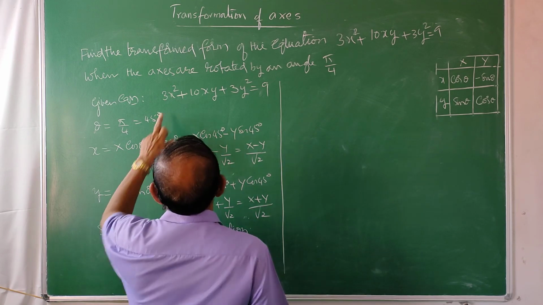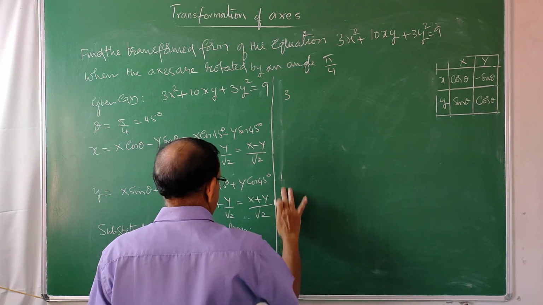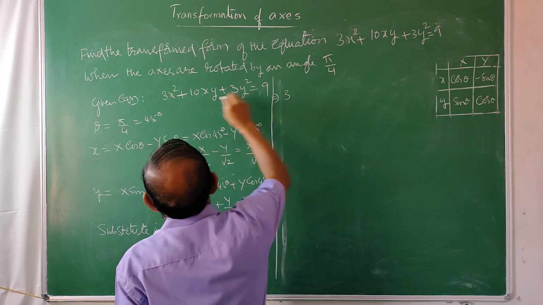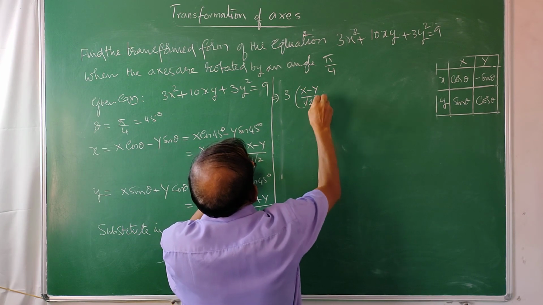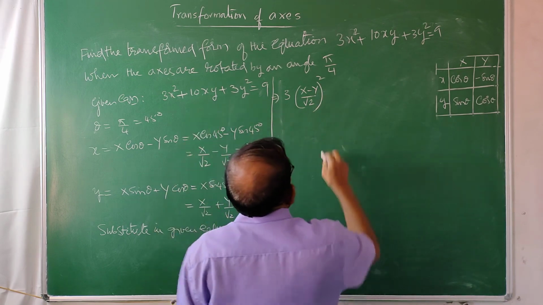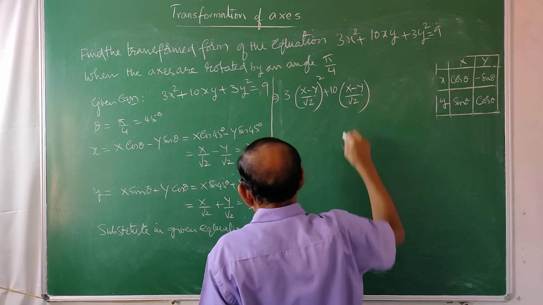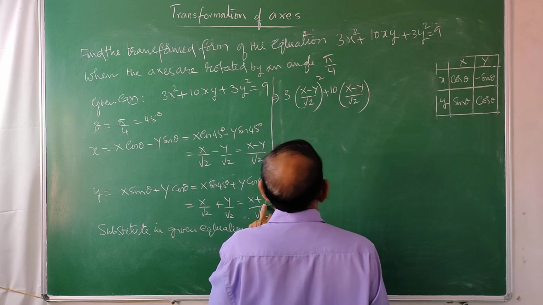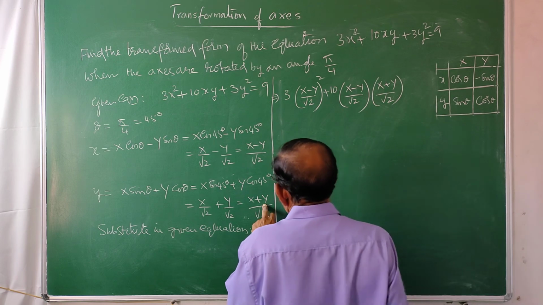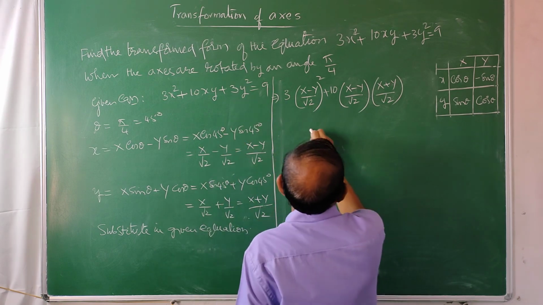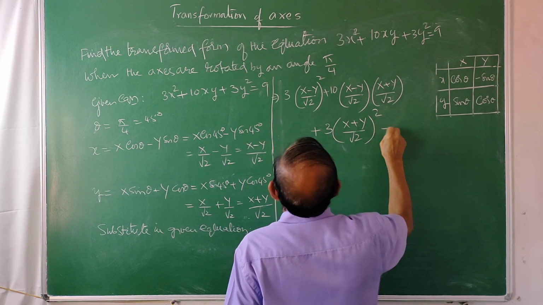Now that implies 3x². For x you have to write (X − Y) by root 2, whole square, plus 10xy. xy means (X − Y) by root 2 into (X + Y) by root 2. Plus 3y², (X + Y) by root 2 whole square, is equal to 9.